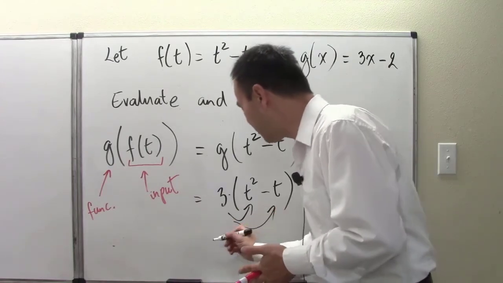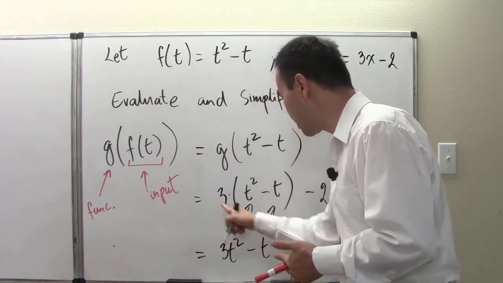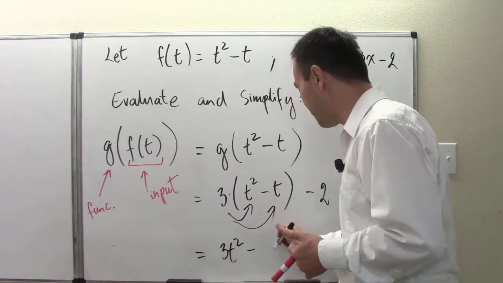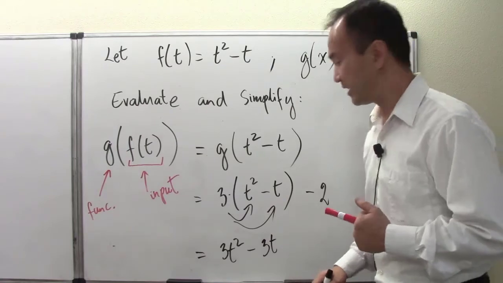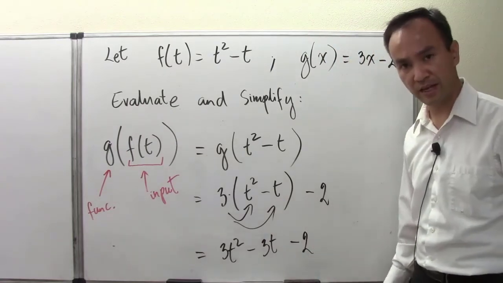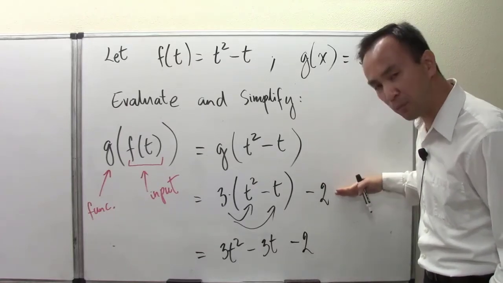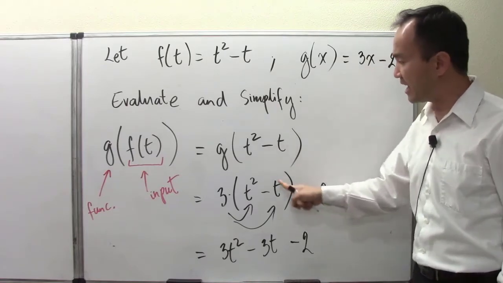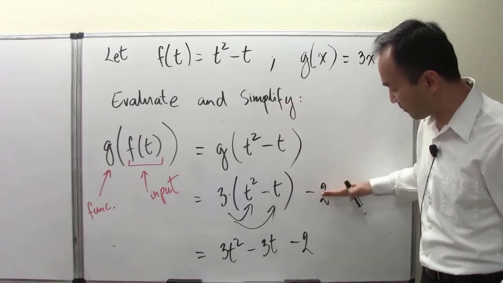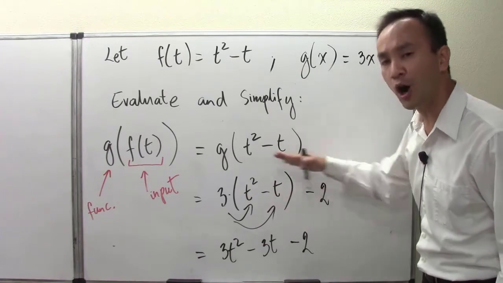So now I'm looking at 3t squared minus 3t. There was no negative sign, so no sign change needs to happen here. And then I'm additionally going to minus 2. That's everything that came out from the rule of the function. Once we've had that successful setup, from this point on we're on our way to simplify that overall expression.